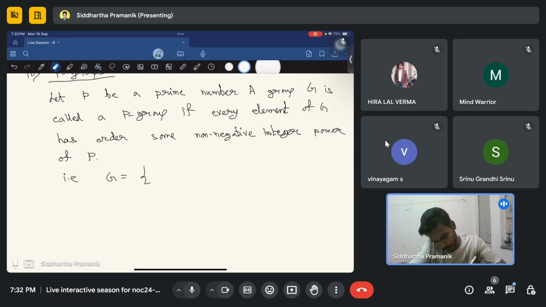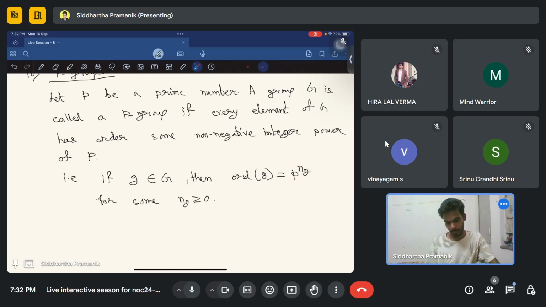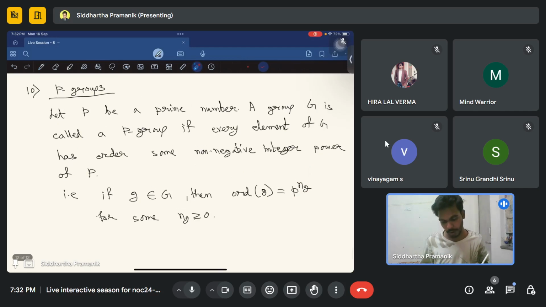So that means if g belongs to G, then order of g is equal to p power n_g for some n_g greater than or equal to 0. It depends on g, but it has to be a power of p. So those types of groups are called p groups.